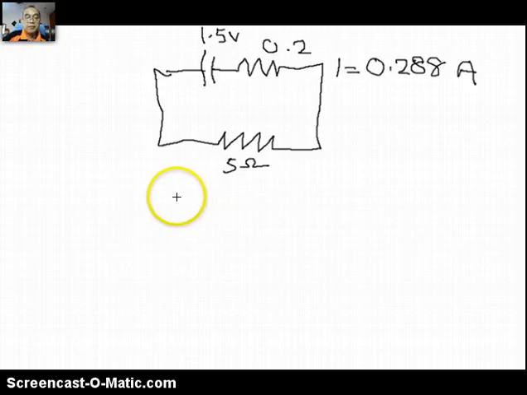Now that we know the amperes, it will be easy for us to calculate. Let us calculate the power given by the battery.